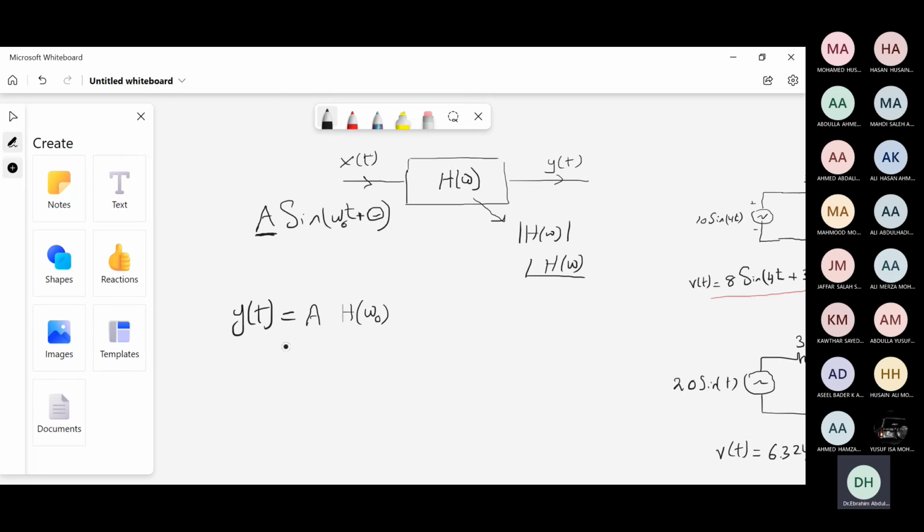Because it is omega naught, we use sine, then it equals sine, same omega naught t, plus the angle of the supply, plus the angle of h of omega naught. If you use cosine, then put cosine here; if sine, then put sine.